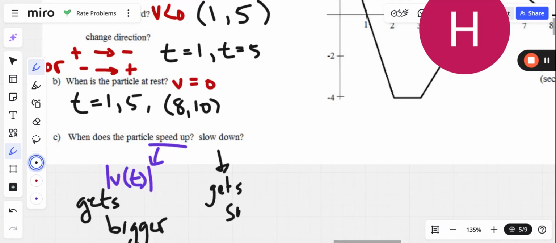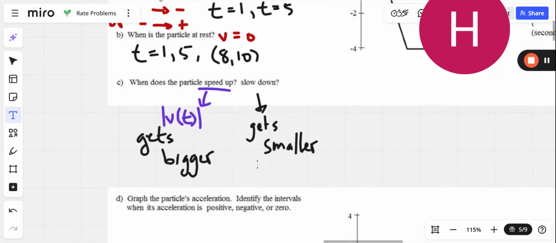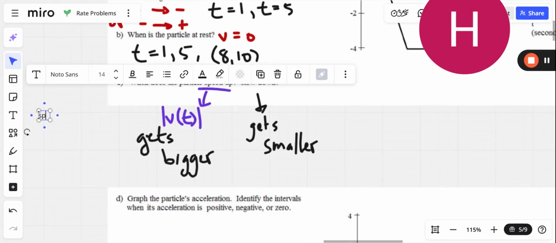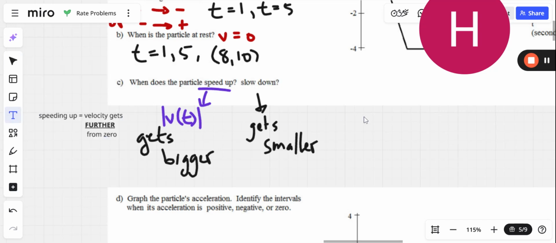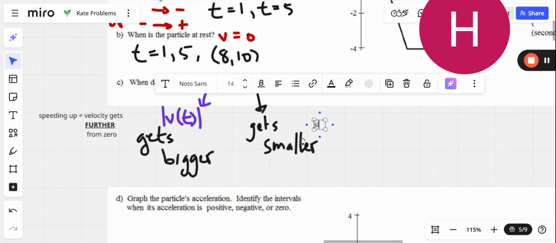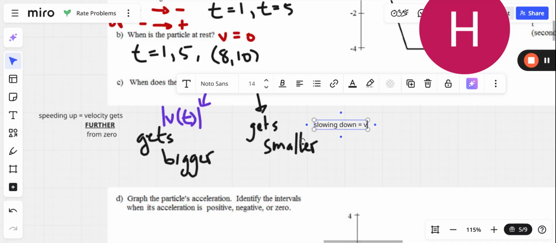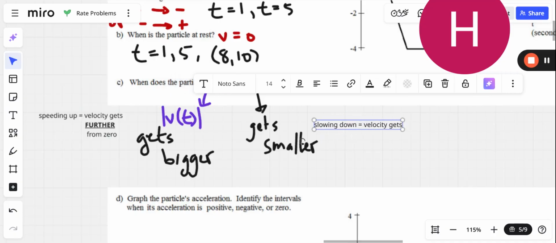But the better way to analyze that on a graph of the velocity, the better way to write that, speeding up, velocity gets, let's put this in bold underline, further from 0. And on the other hand, slowing down means our velocity gets closer to 0.